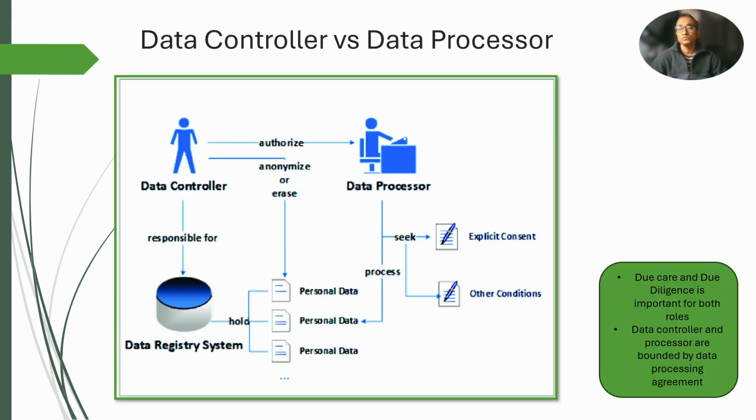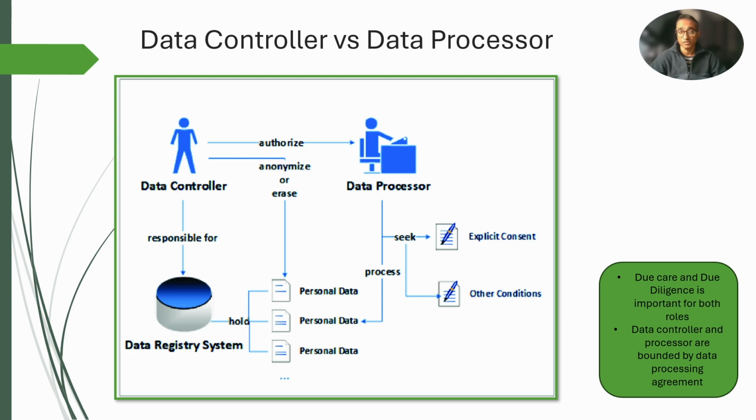Now, to make this picture quite clear, as you can see, the data controller, for example, authorizes the data processor to process data on their behalf. However, the data controller is responsible for holding the data, where the data is being held, for example, where the data is making its way on request of the data controller, in terms of where the data is initiated from, like the data registry system, but then actual processing of that data may happen outside of it.